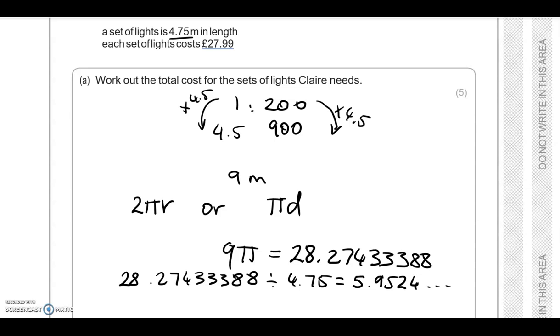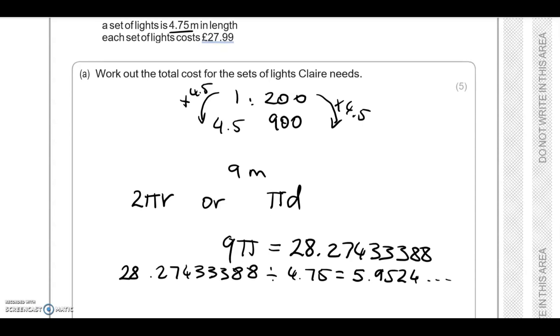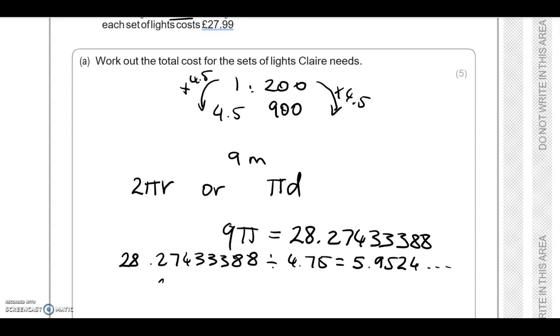So of course we can't buy parts of a set of lights, so we're going to buy 6 of them, 6 sets, and the cost is £27.99 each, and that is £167.94.